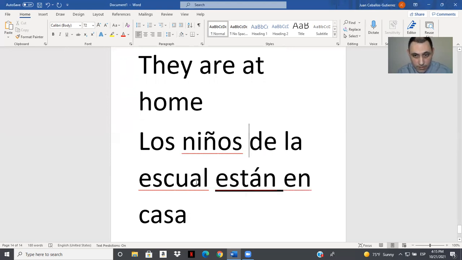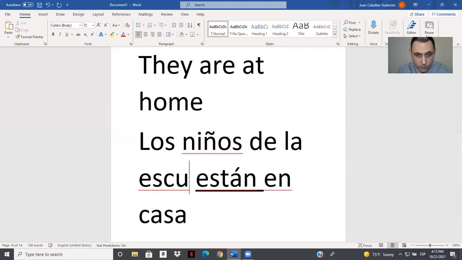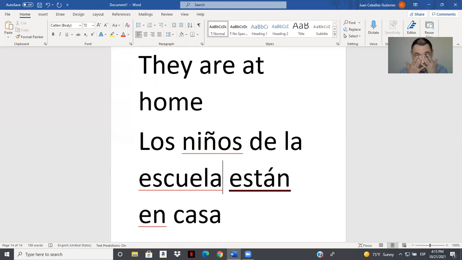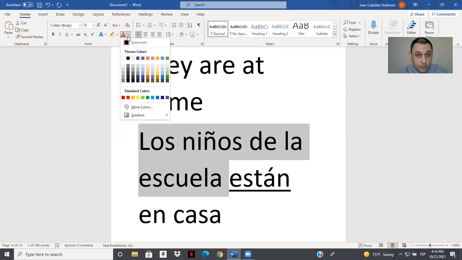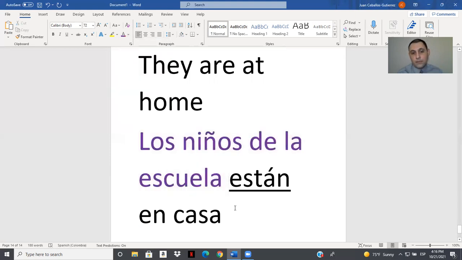Los niños de la escuela. Los niños de la escuela están en casa. Now, all of these, that's the subject of the sentence.